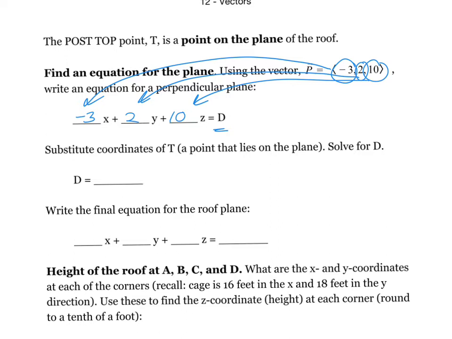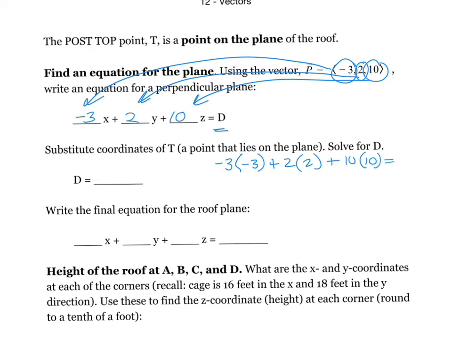So what I want to do is figure out the value of D. So I'm going to take my plane equation and substitute in for x, y, and z the coordinates of the point, which is the top of the post, which happen to be the same number. So it's going to be -3 times the x value, which is -3, plus 2 times the y coordinate, which is 2, plus 10 times the z coordinate, which is 10.